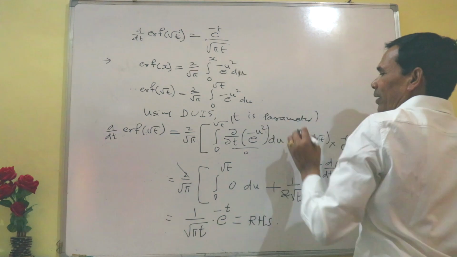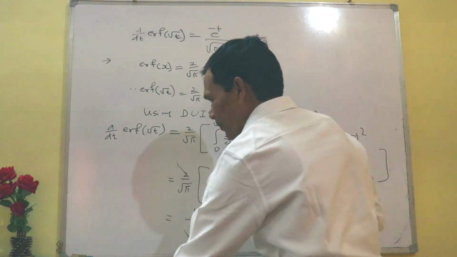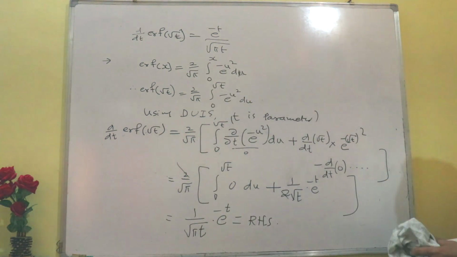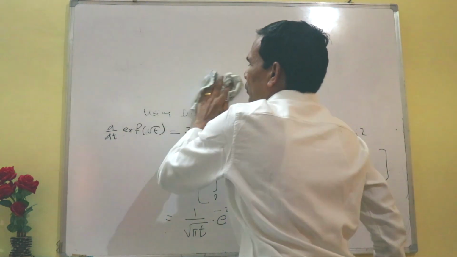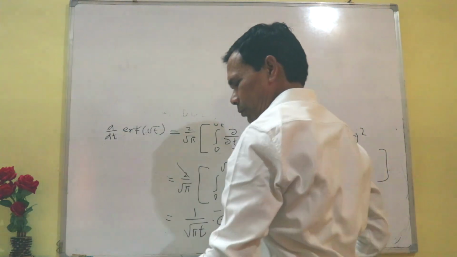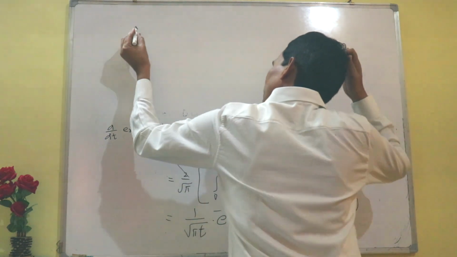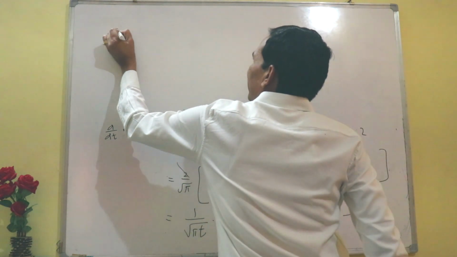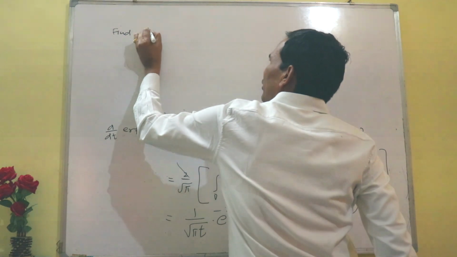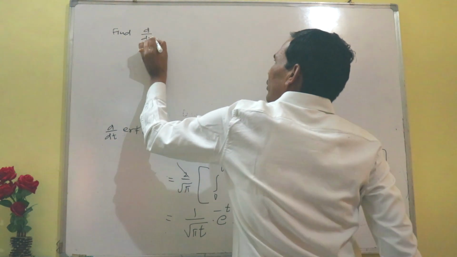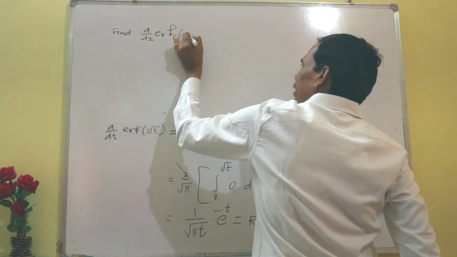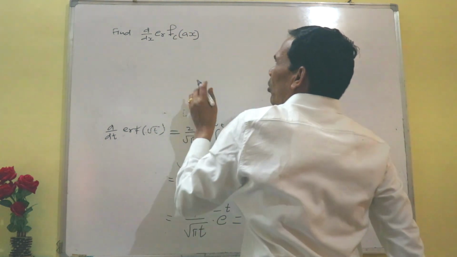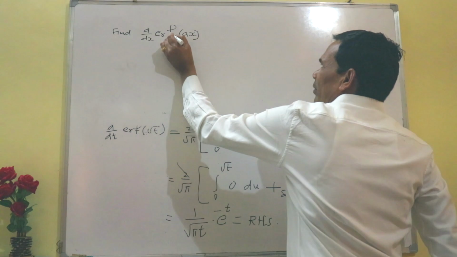Similarly, the next example is to find d by dx of complementary error function of ax, d by dx of complementary error function of x.